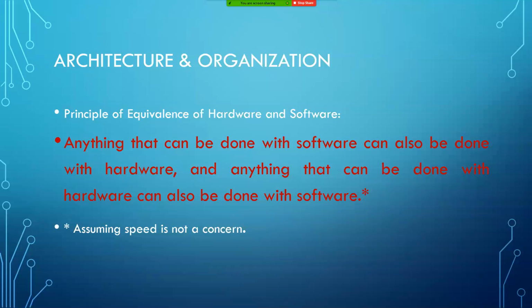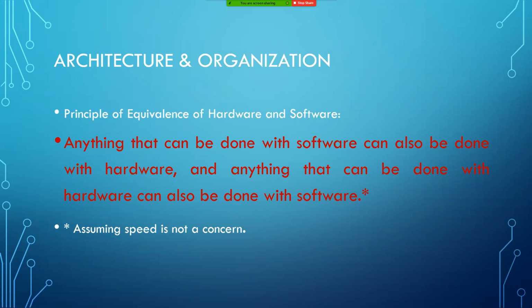Remember, printing the page is our task and it should be done by the printer, right? But controlling the printer, or sending the instruction to the printer so that it can print, can be given by the software or by the hardware. That is the equivalence we are talking about. We are not saying the software can print a page, because that is a hardware thing. We are not thinking about the lower level. As I told you, at the lower level we must have some devices which will execute the instructions.